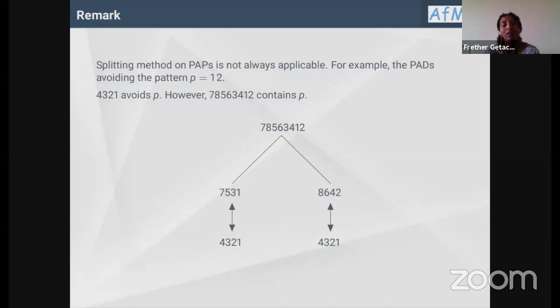Our next project is counting and studying the behavior of the number of paths that avoid a particular pattern P, mostly patterns of length 3. So that's our next project that we plan to work on.